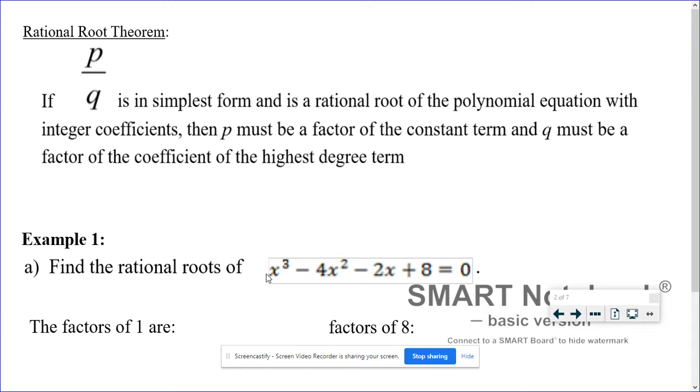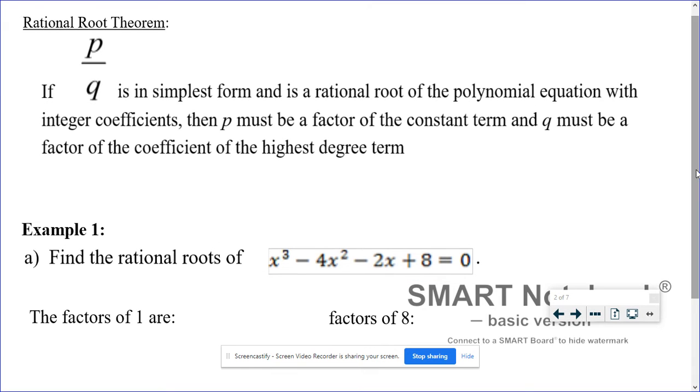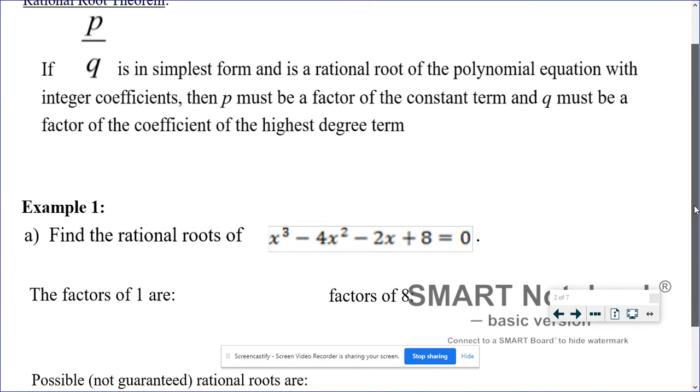So that's not to say that every combination of the factors of the constant and the leading coefficient will be rational roots. It's just saying if it has a rational root, it will have to come from that group of numbers. So essentially what we'll be able to do using this theorem is narrow down all the possible rational roots of any equation before we start solving.